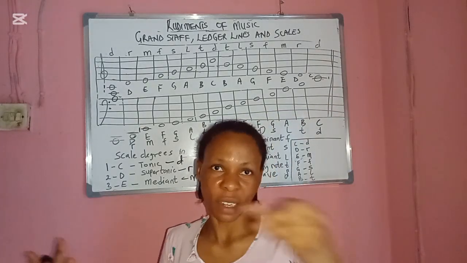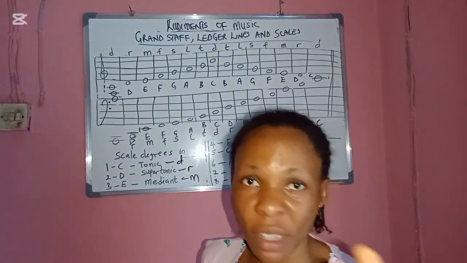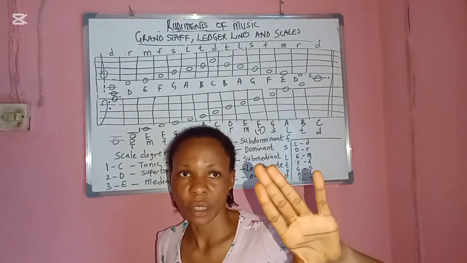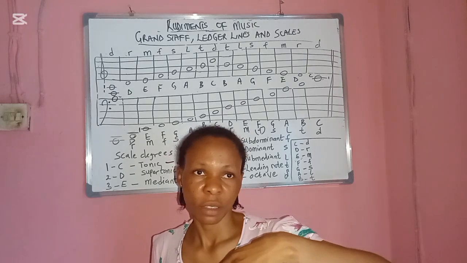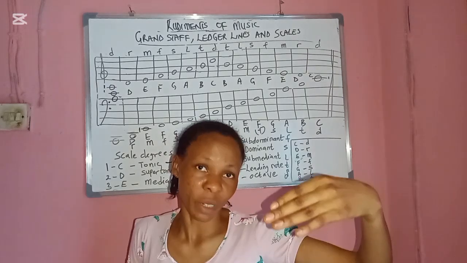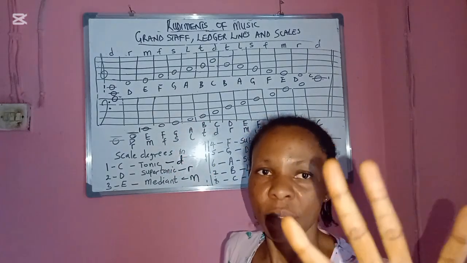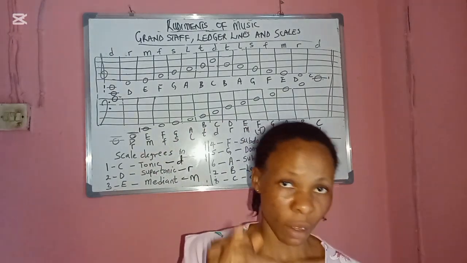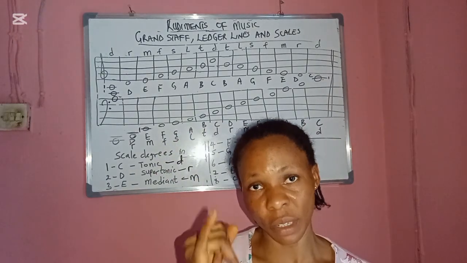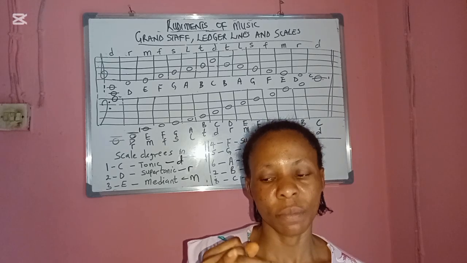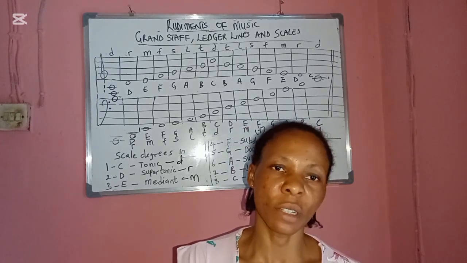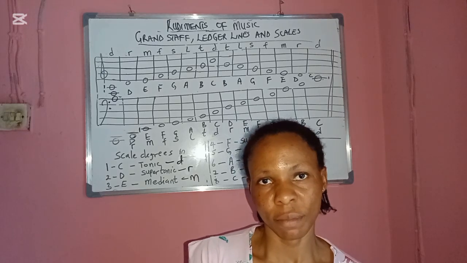You see, it's super and the tonic. Mi is the mediant, fa is the subdominant, sol is the dominant, about to dominate. La is the submediant. Ti is the leading note, or you can still call it subtonic.